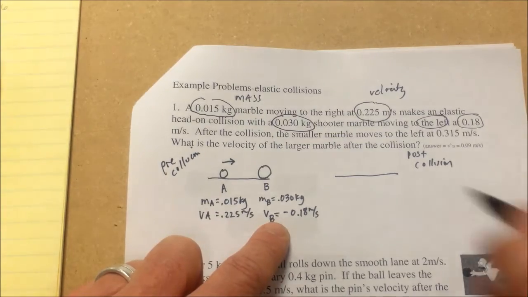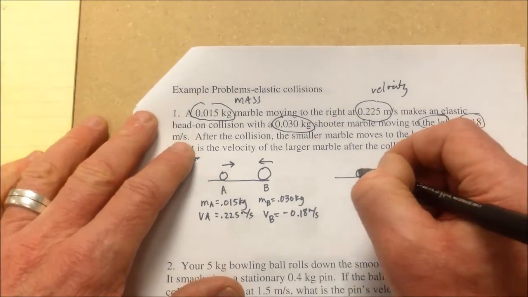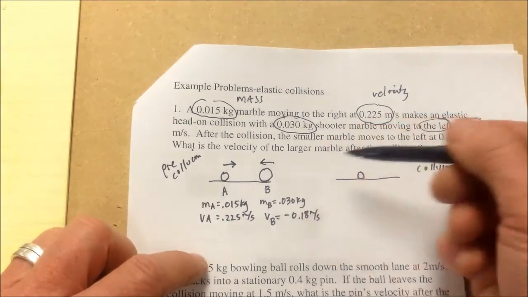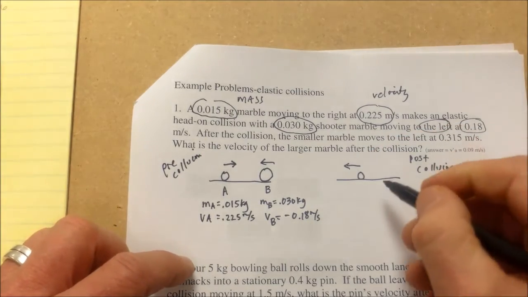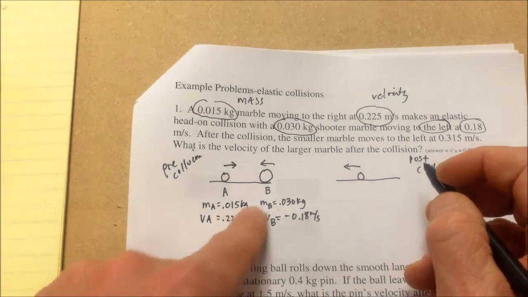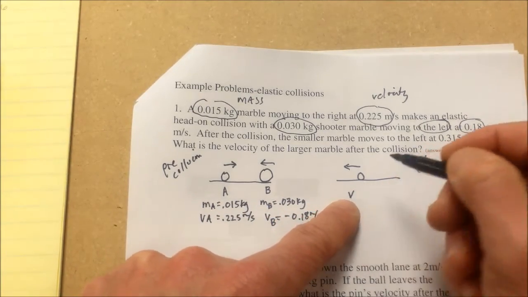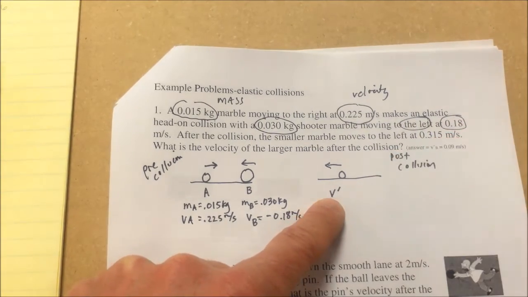Now, what's going on after the collision? Well, we have this collision, and the small marble is basically sent backwards. Now, we know it's really the same mass. It didn't lose any mass, but its velocity, and what a lot of textbooks will do is they'll put a little dash there.